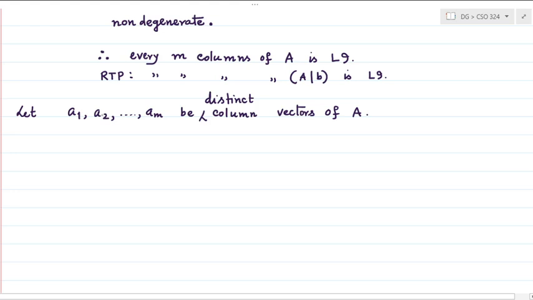Fine. If you can show that by replacing the ith vector by b, the m vectors are linearly independent, then that will eventually prove that any m columns of the augmented matrix [A b] is linearly independent.